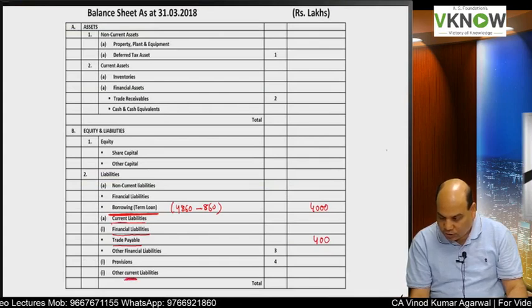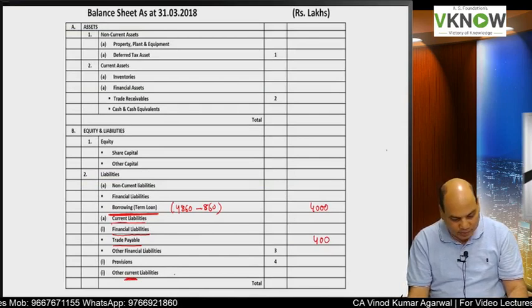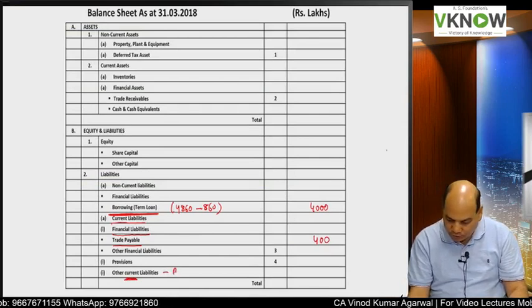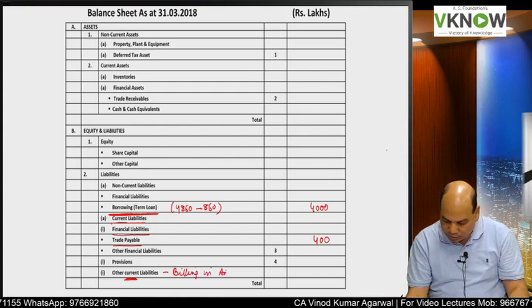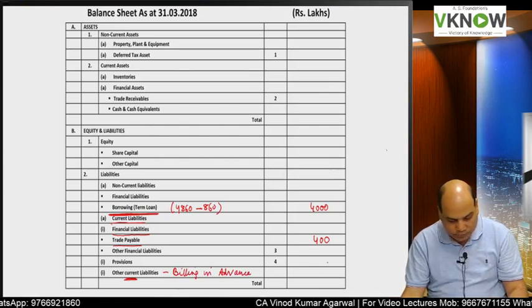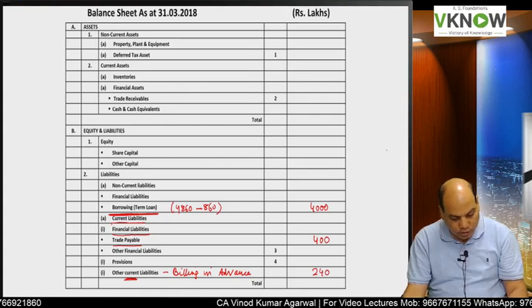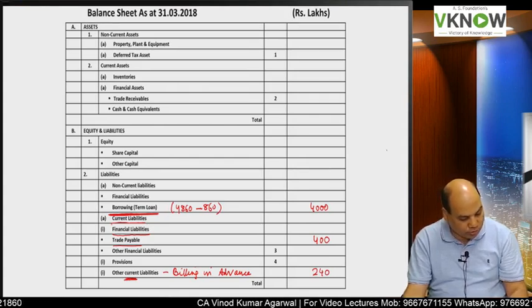Last item, other current liability in bracket, right? Because you'll forget what is this. Billing in advance, either you prepare a note or you write here. 240. Then I will come back to your question book, balance sheet.